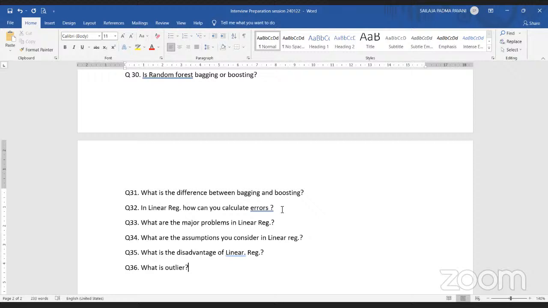Yes, Banu. It is a value different from other values in the data set. Very good.